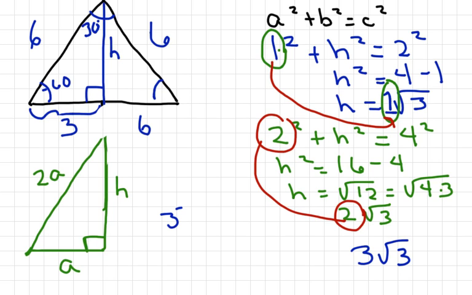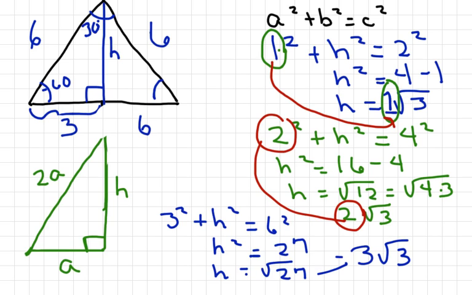I have 3 squared plus h squared equals 6 squared. We have h squared equals 36 minus 9, which is 27. So h is root 27, which indeed equals 3 root 3.